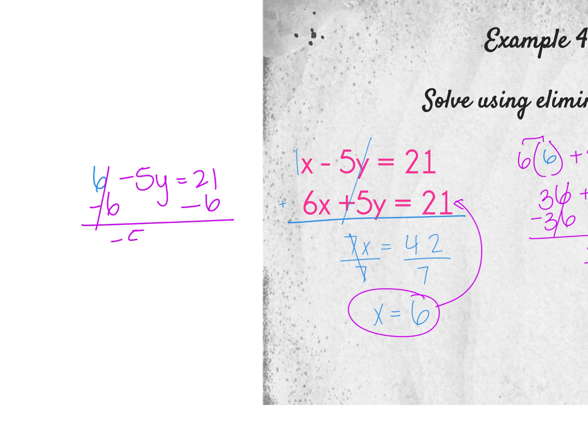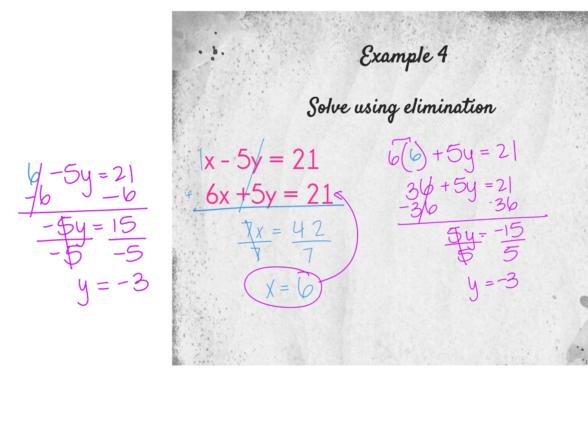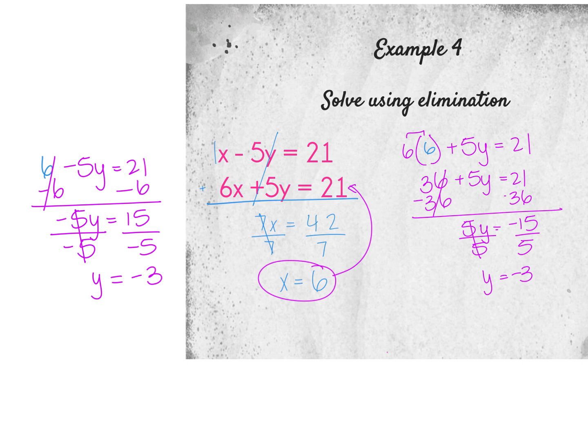I'm going to get -5y equals 15. But don't forget you're dividing by a -5. Y is still going to equal -3. So whichever one you want to use, it still works. It's up to you. So my answer for this is going to be 6, -3, and I'm done.